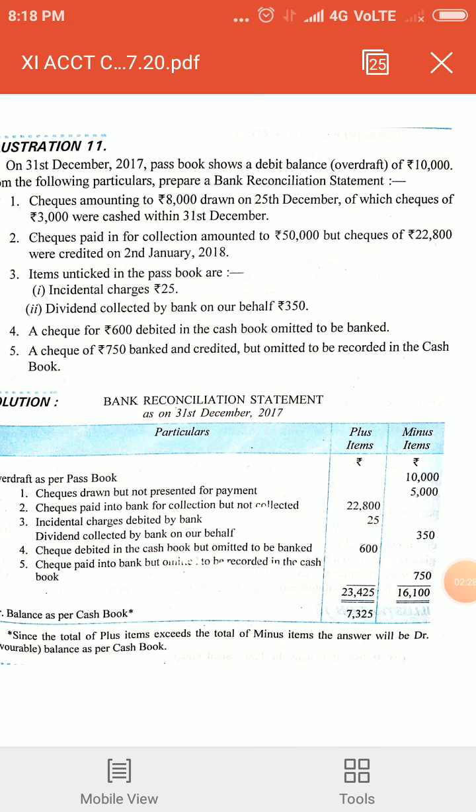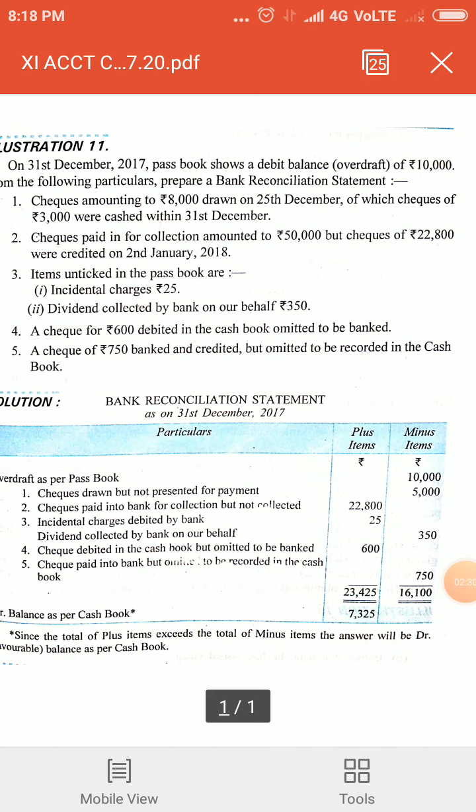So if any check is debited in the cash book and omitted in the passbook, that means the passbook will be less by that amount. So we will have to add the item in the passbook balance to get the cash book balance.